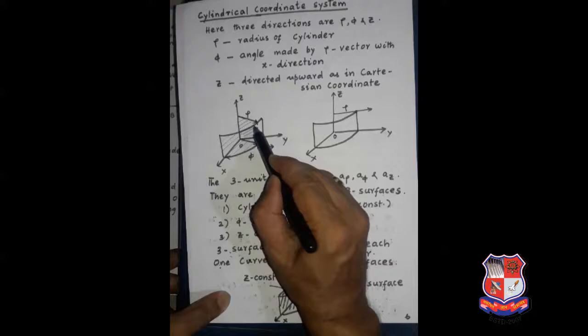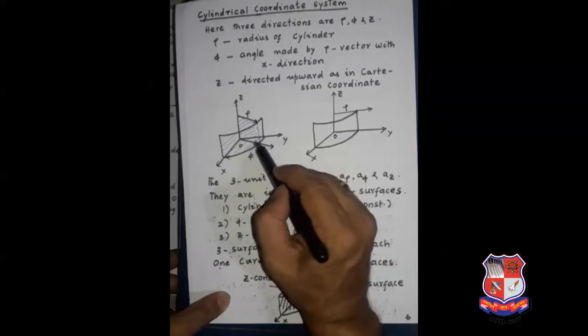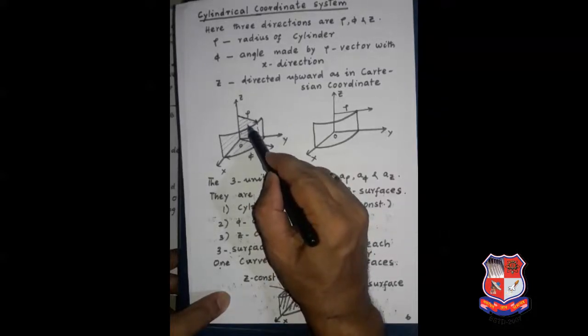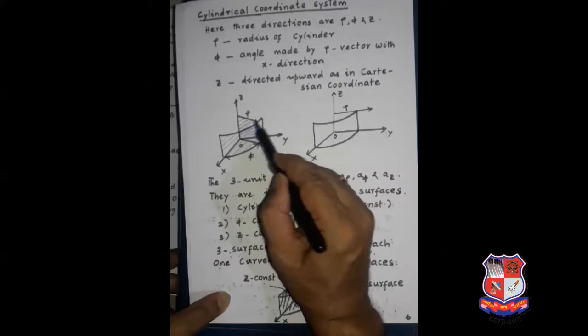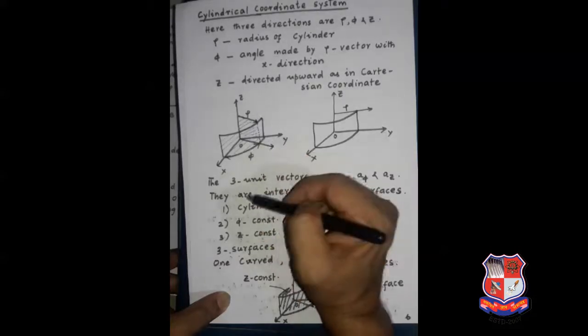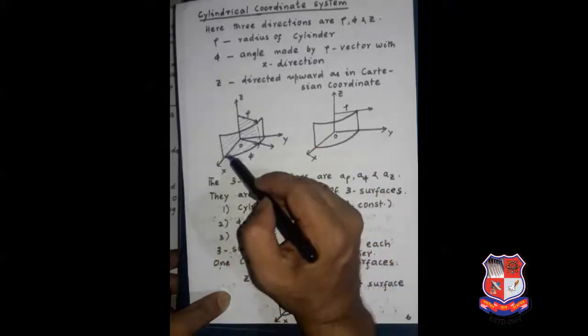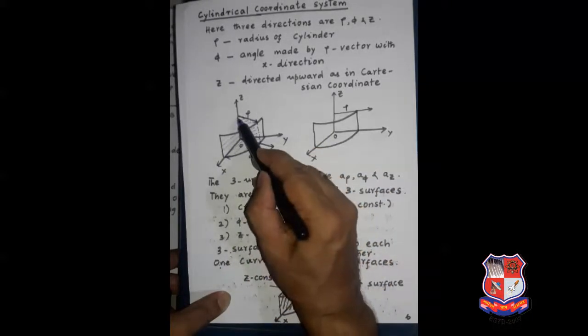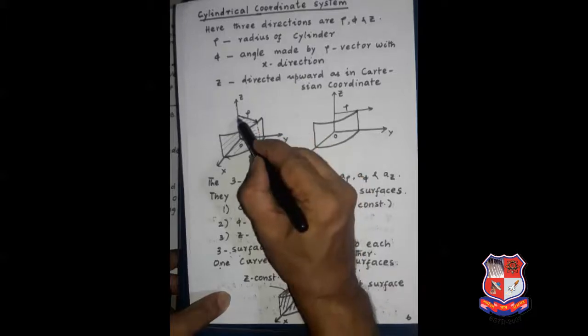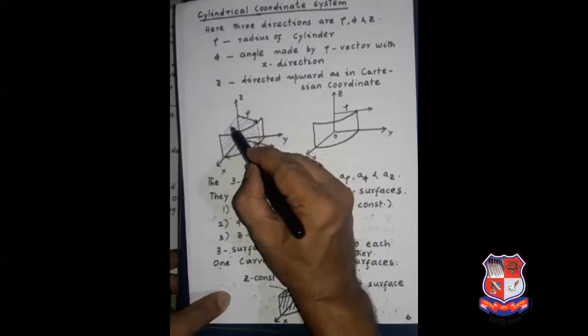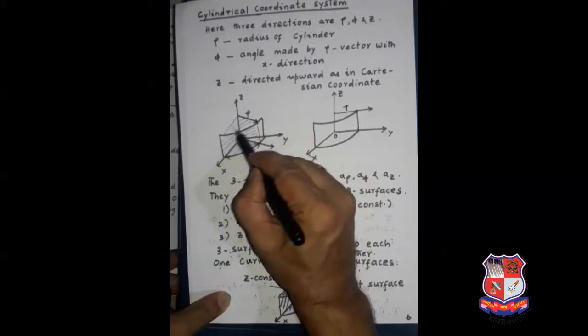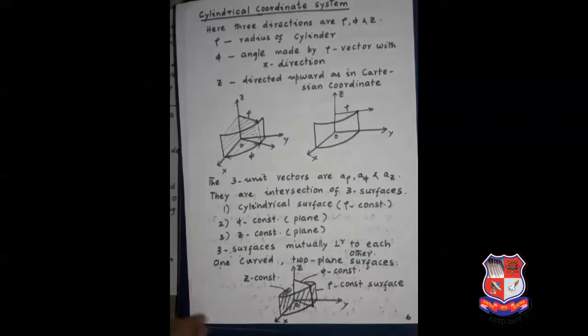Similarly, this is a plane surface where the phi parameter is constant for any location of a point. Then another one, the z surface. If you take z as some value, the total top surface will be the z surface.